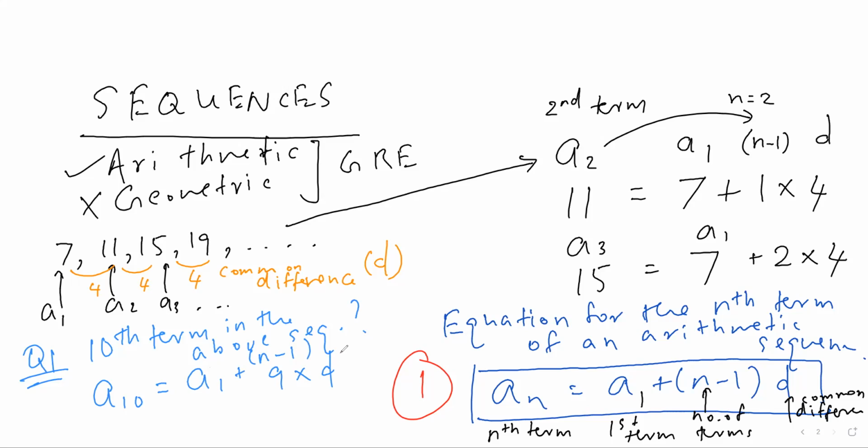The first term plus the common difference times the number of terms that follow the first term, n minus 1, is equal to that last term. So here, A1 is 7 again, plus 9 times 4. This is 36. 36 plus 7 is 43. So that's the first equation.